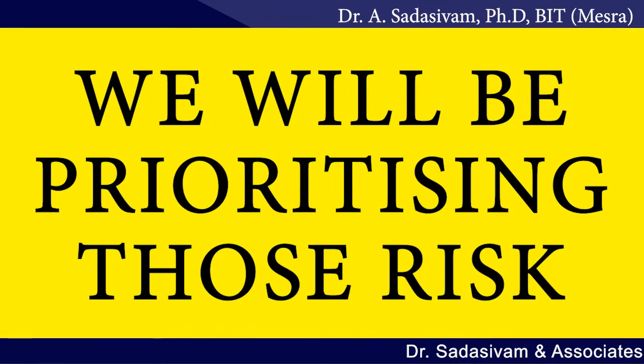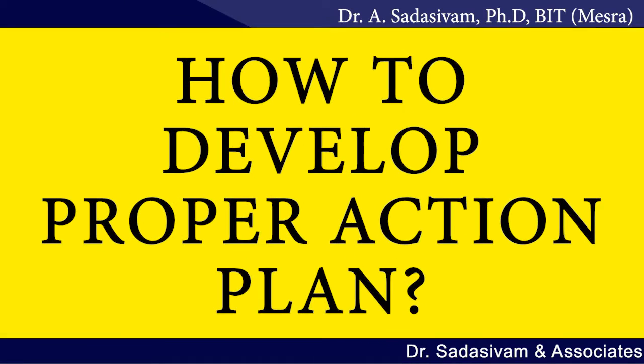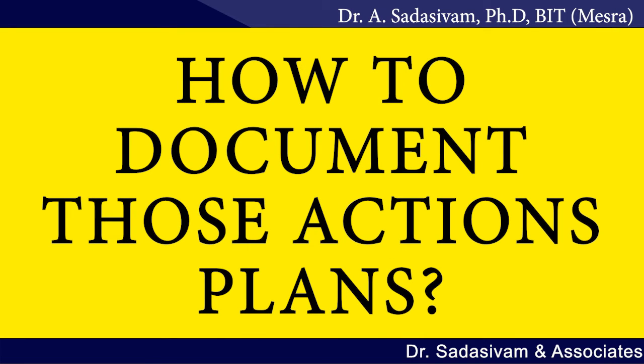Therefore, we will be prioritizing those risks. We will also learn how to develop proper action plans, and then we will also be learning how to document those action plans, what kind of challenges might emerge, and what steps we can take to surmount those challenges. All that we will be discussing in this training workshop in full length, right?